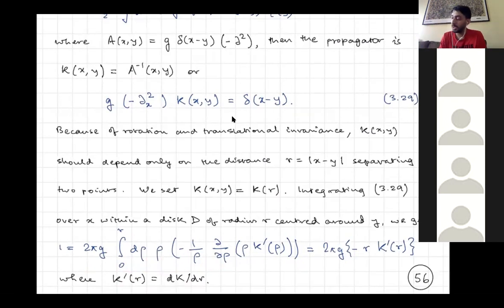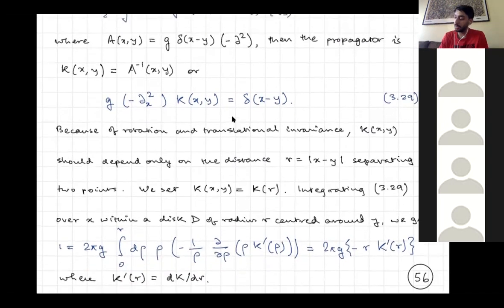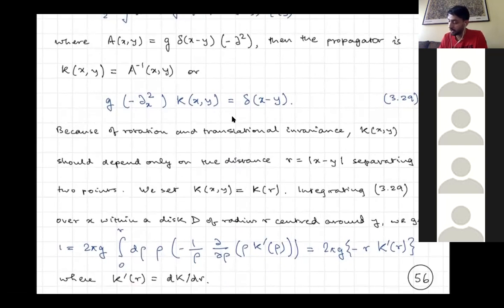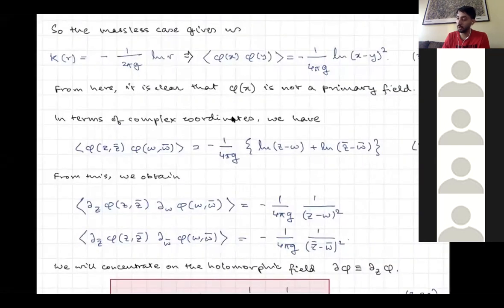If you do this, what you find is this equation out here. You integrate and find that 2 pi g r K prime of r is equal to 1. So the form of K(r) is going to be like a log of r.